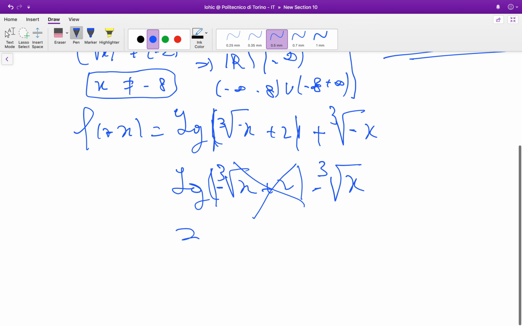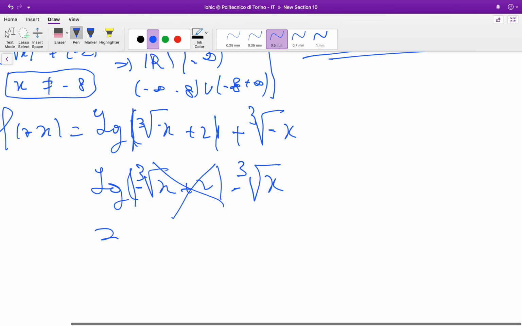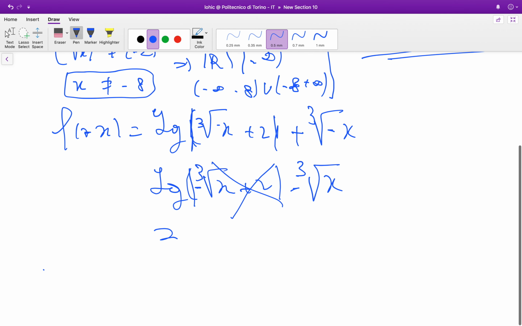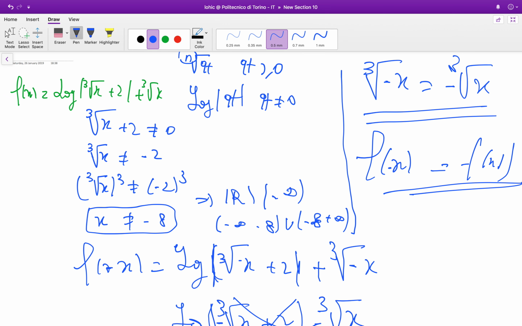And the last question is about the limits and the asymptotes. Let's try to get the limit of the function. If I do the limit when x tends to minus infinity, going back we will see that if I put minus infinity, the cubic root of minus infinity is minus infinity, plus 2 will give minus infinity.